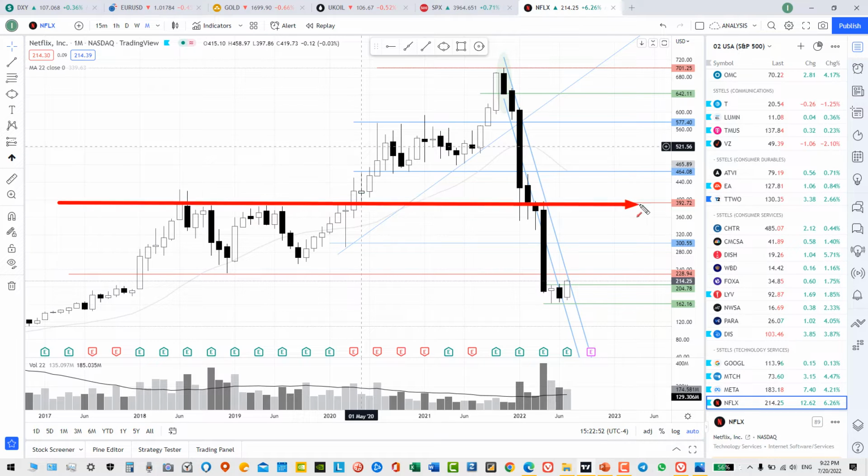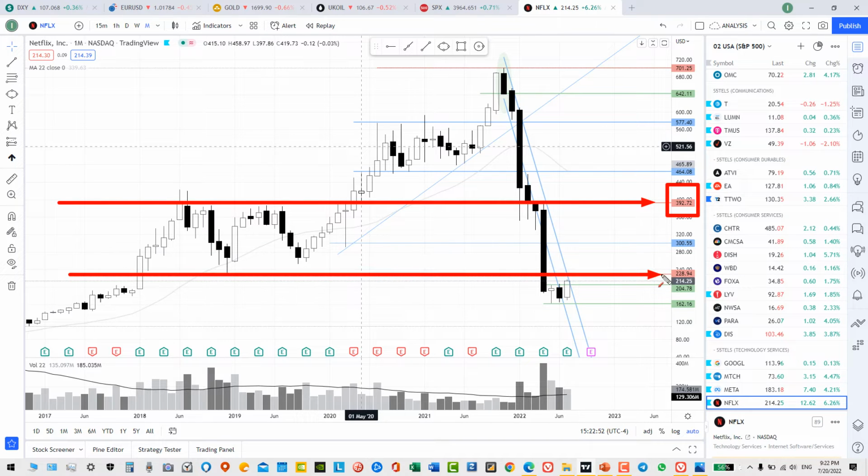The first one was around $400 and the second one is around $228. So the structure in general is still bearish over the long term, and for sure it is clear that the selling pressure is much stronger than the buyers' presence.